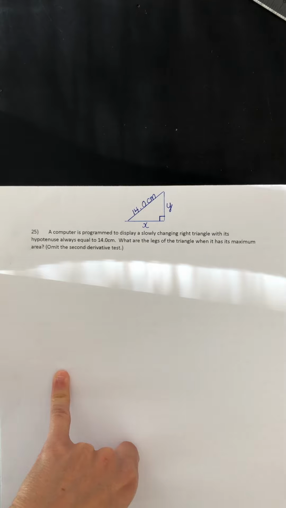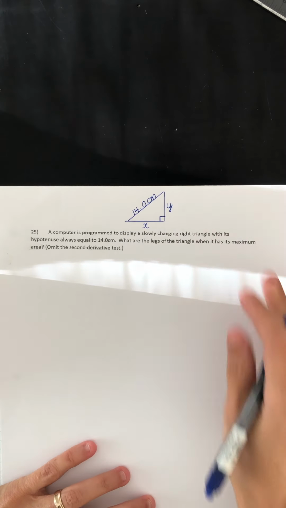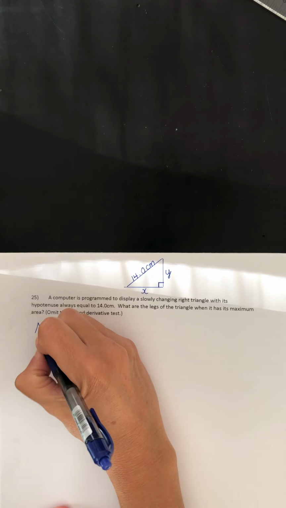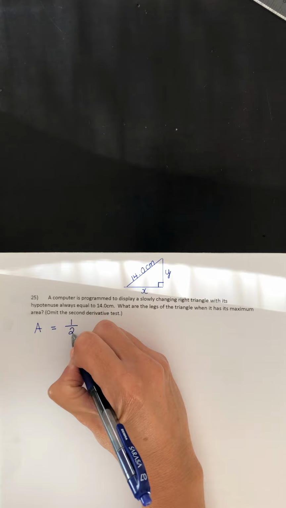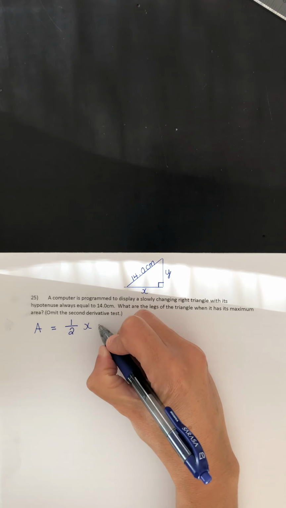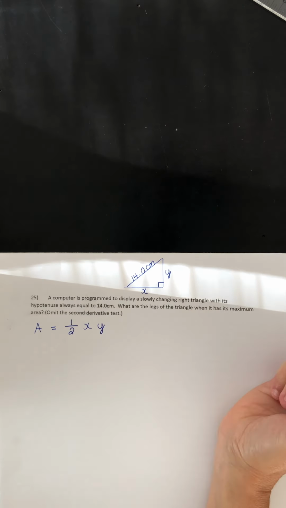And at this point, we should probably write down what we're going to use for the area equation. Okay, so what will be an expression for the area of this triangle? Well, the area of a triangle is 1/2 the base times the height.